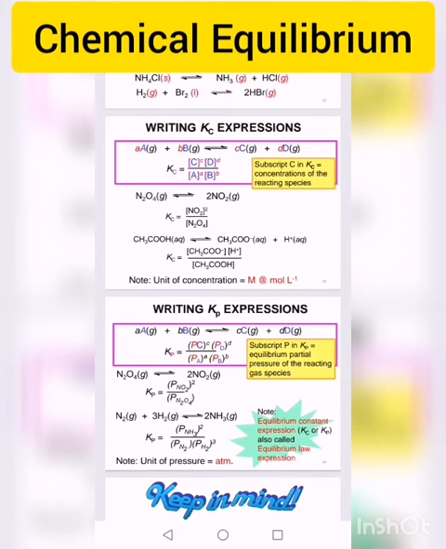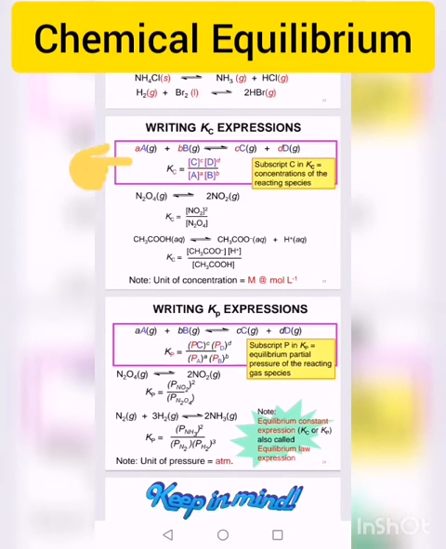For the example, N2O4 gas decomposes to produce 2NO2 gas. So we can highlight directly the concentration of product over reactant. The stoichiometric coefficient, we consider as the power of 2. We have 2 mole.